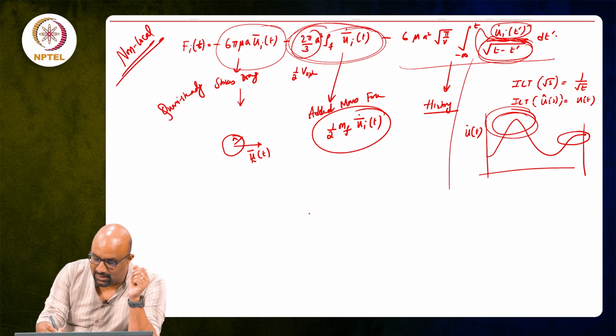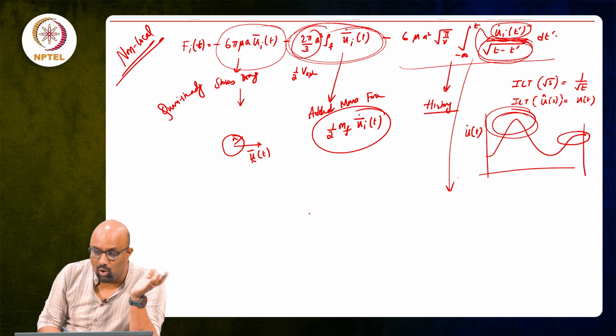And then the last term, which was the new discovery in this exercise, is a term that is non-local in nature. This particular term tells us that the drag force at a particular instant depends on the fluid acceleration, or here the particle acceleration, over all the past history.